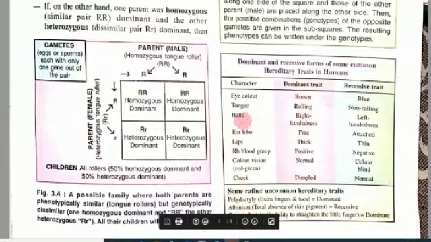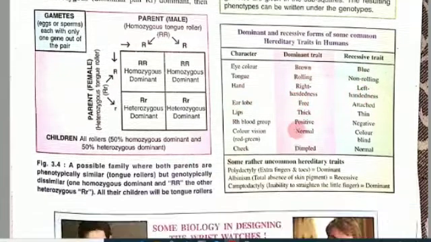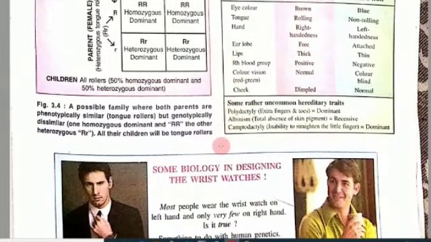Hands: right-handedness and left-handedness also show dominance and recessiveness. Earlobe free or attached; we will explain this in the next topic. Lips thick and thin. Red blood Rh blood group positive, negative. Color vision normal, color blindness. And cheek dimpled and normal. These are the dominant and recessive characters in humans.